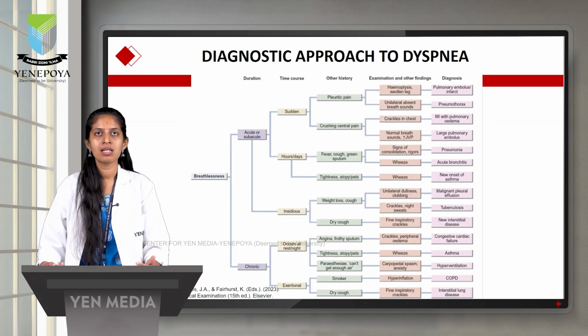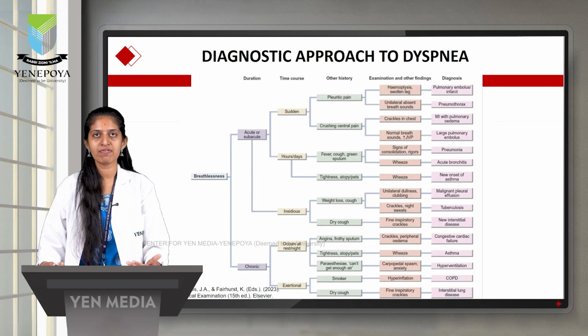In that case, there is particular history you have to ask the patient: whether the patient is having pleuritic pain or crushing central pain, whether the person is having fever, cough, green sputum, tightness, atopy, or exposure to pet fur.